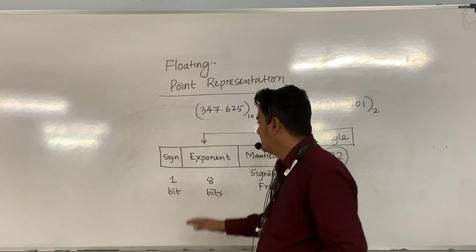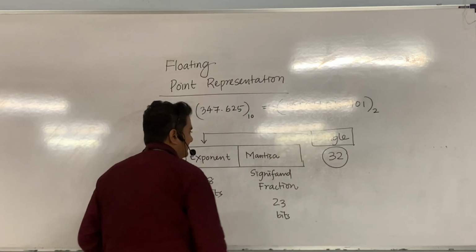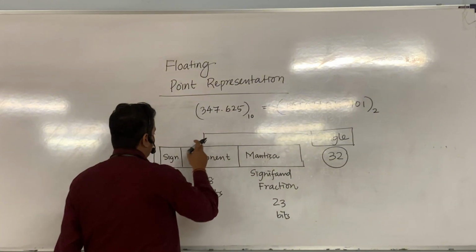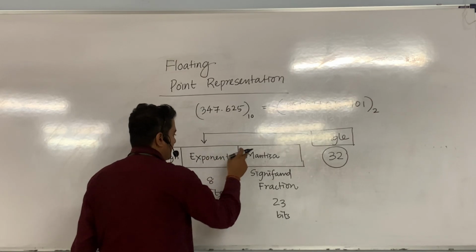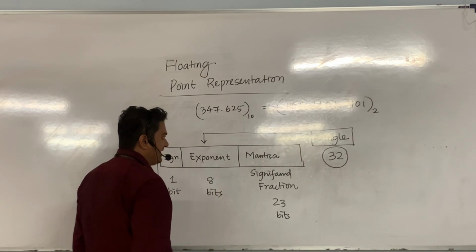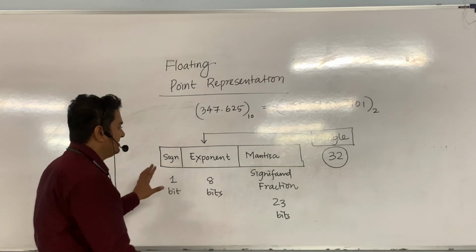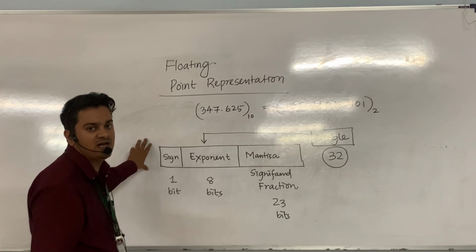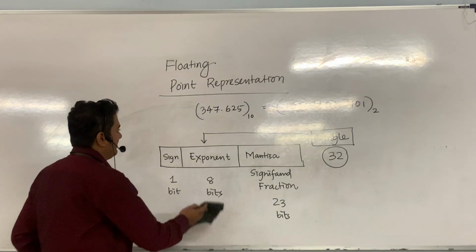Again I am repeating: sign, exponent, mantissa. Sign will include 1 bit, exponent 8 bits, then mantissa 23 bits. This is the fundamental thing which we have to remember when we go for this floating point representation.